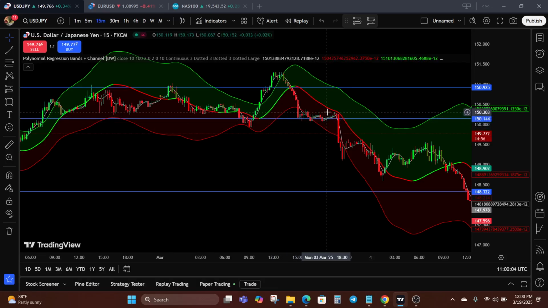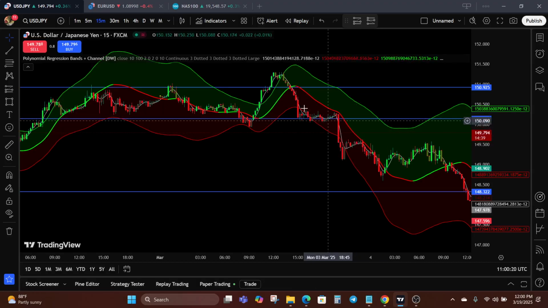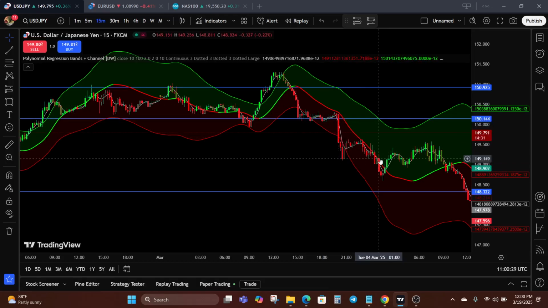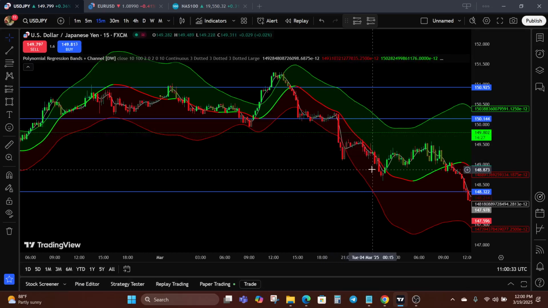Now, in this case, we can see that the price broke down below the support, and in as much as the retest did not get to the breakout point, remember that the bands are serving as dynamic support and resistance. So price got to the middle band. Price retested the middle band and continued downwards.